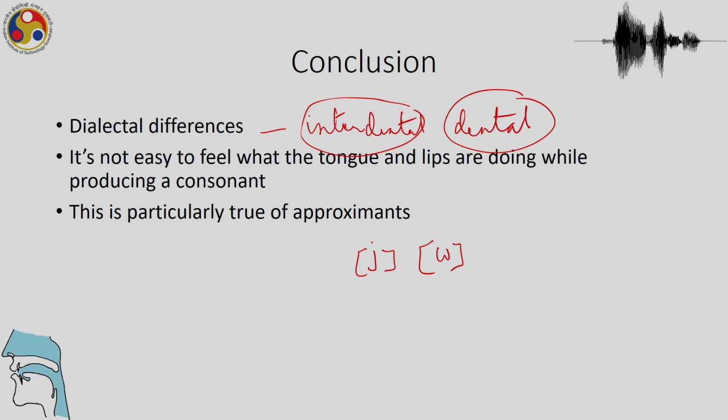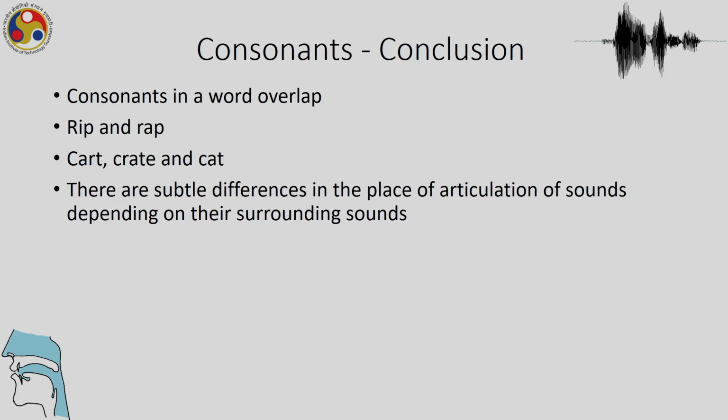So these are things that we might notice while we are producing consonants. To remember that there are dialectal differences, that we cannot consciously feel the differences while we are producing sounds. So it may not be easy to keep a tab on our own productions even if we are consciously trying.